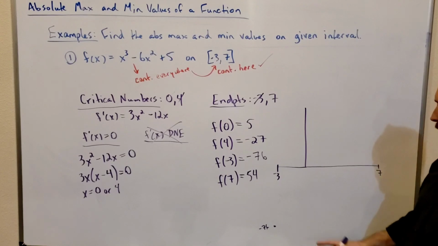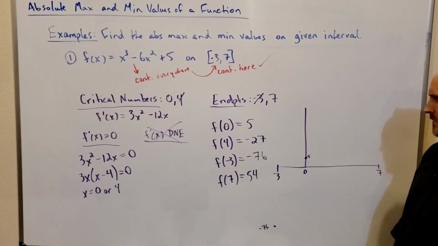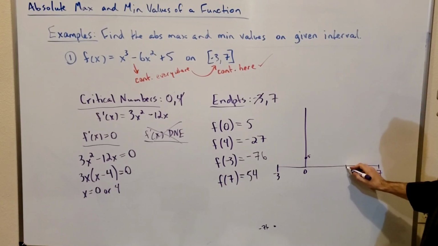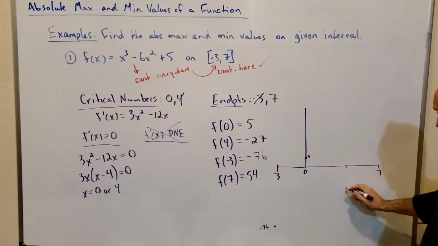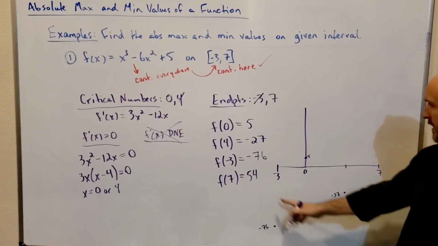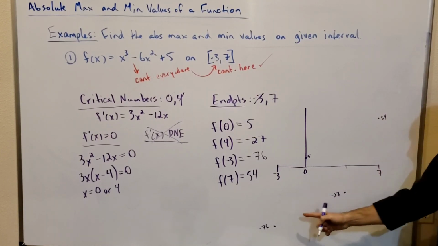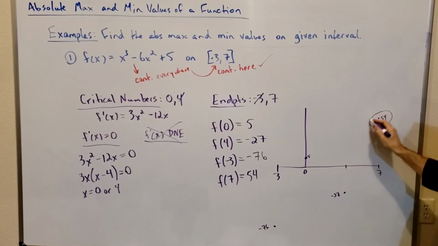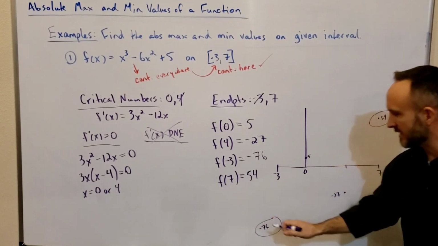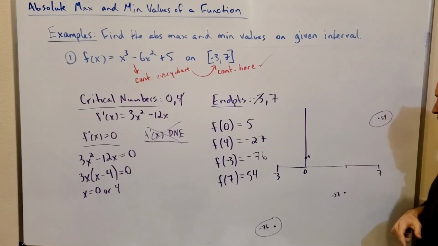The output for 0 is 5. The output at 4 is -27. And the output at 7 is 54, maybe like up here. So we can see that the absolute maximum is 54 and the absolute minimum is -76. And we even can kind of picture a little bit about the graph by looking at the points.